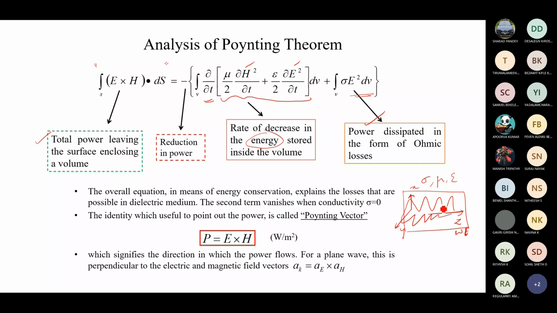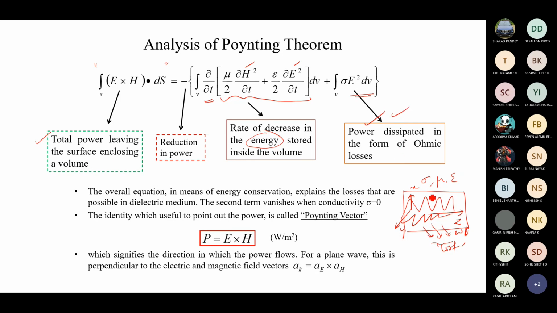Now when you calculate the cross product of the electric and magnetic field, you will see that the total power is divided into two. One is the power dissipated by the wave, which may be due to heating of the particular medium, or due to the conduction current. It can leave the structure itself. By any means, it is going to be lost. That is what is described as the power dissipation.